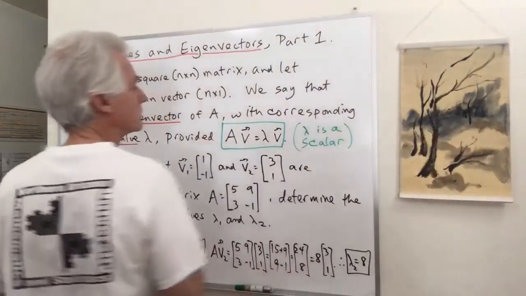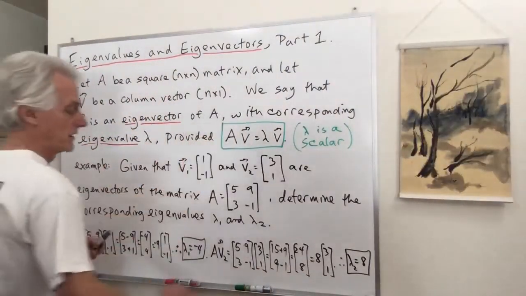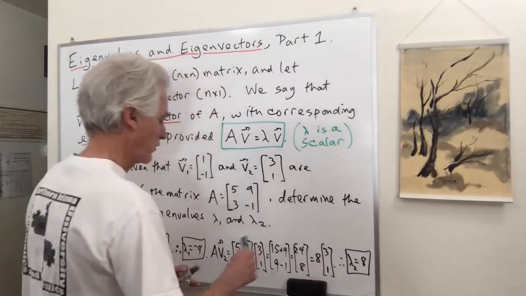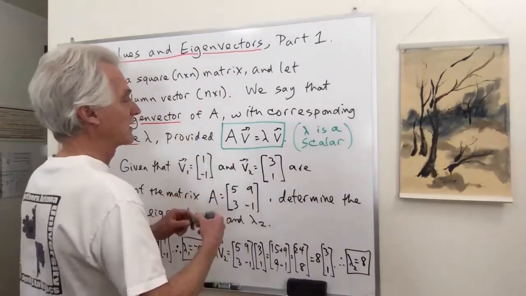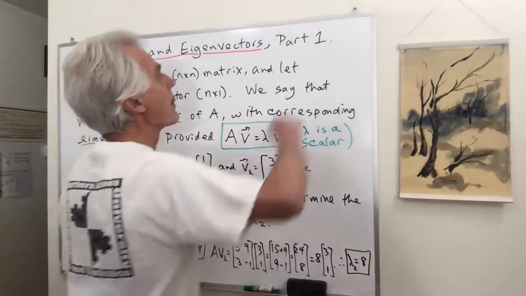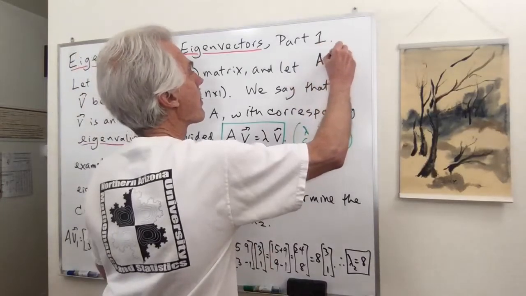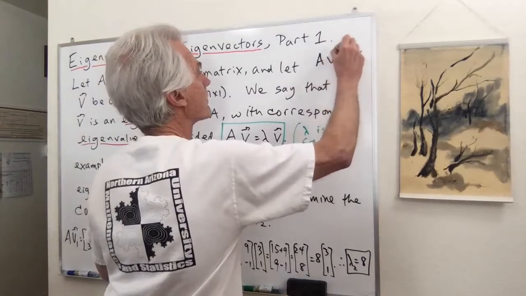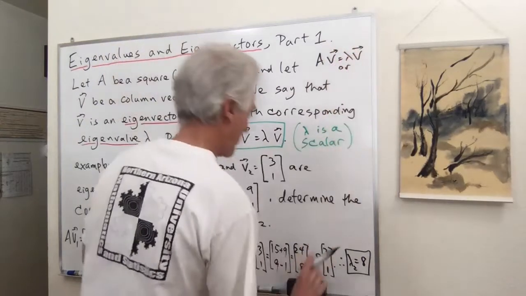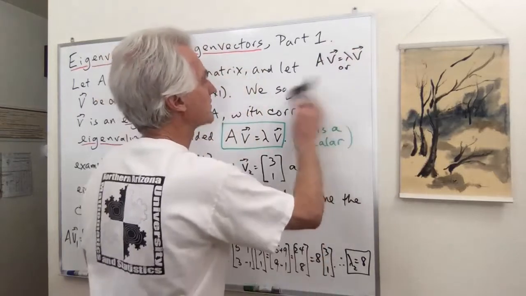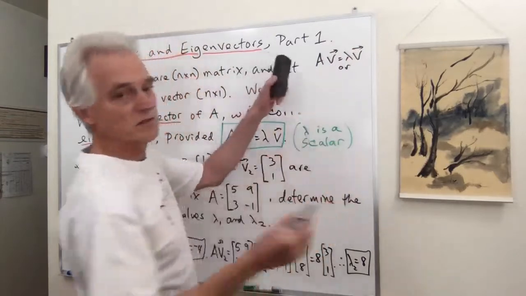All right, so let me do another example, and I'm going to just erase a lot of this just to remind ourselves that AV is lambda V. And something we often do for this is we label them.